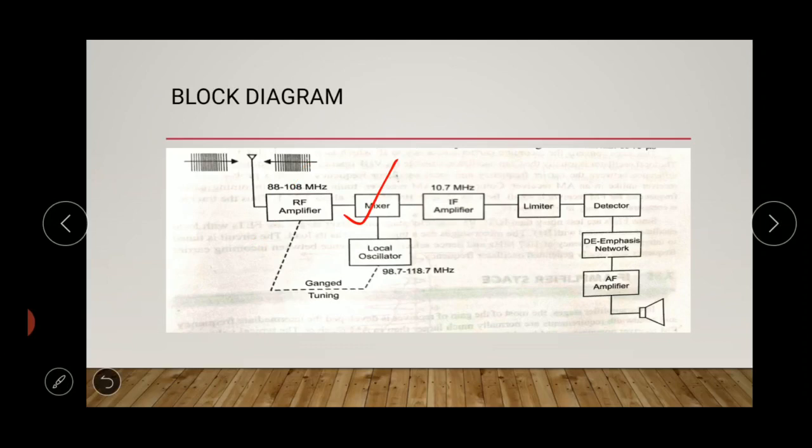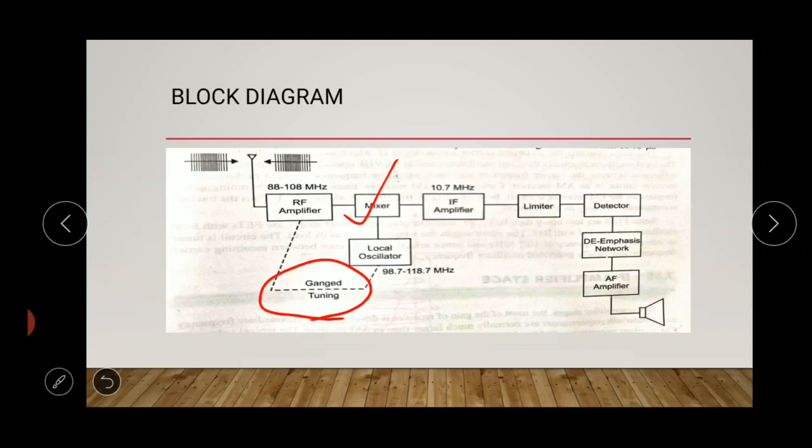The second input of the mixer comes from the local oscillator, and the capacitors of the RF amplifier and local oscillator are controlled by using a single knob. That means ganged tuning is provided here.